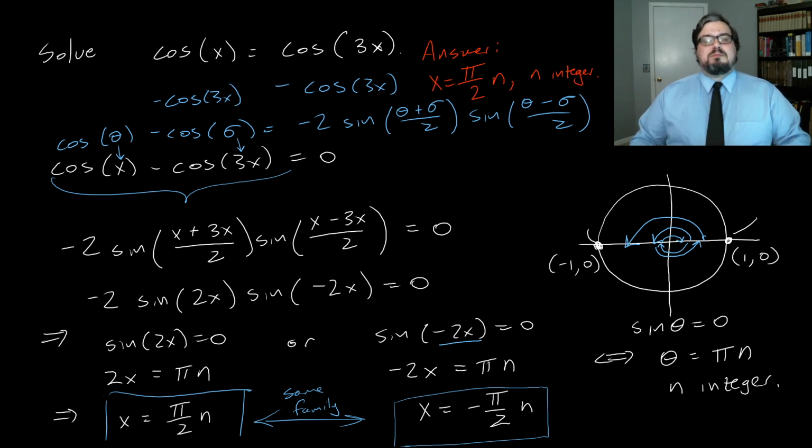And that's probably the most important application of these formulas for what we're going to be doing immediately in this course. It allows us to solve equations in an efficient way.